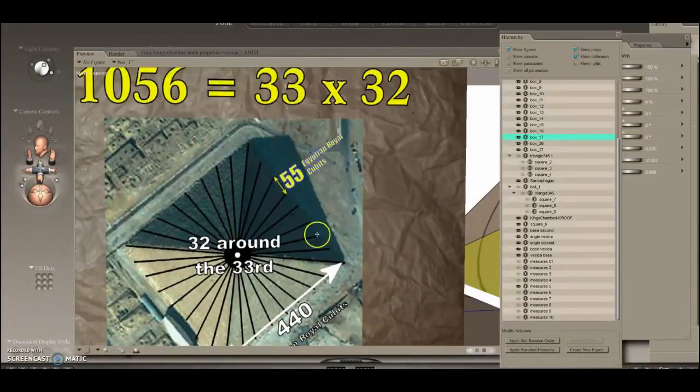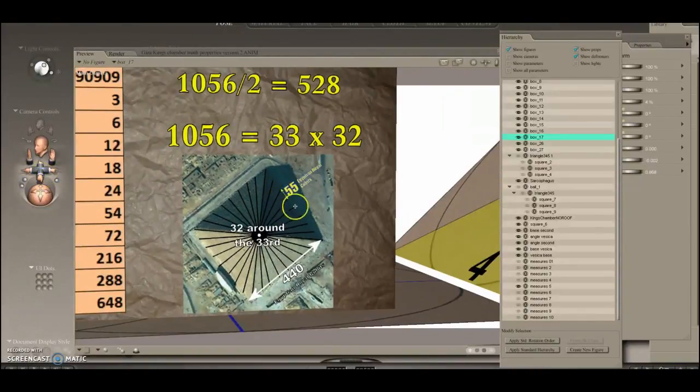So 8 segments on each side. If you divide it again, that would be 27.5. But interestingly, that will create 32 around the 33rd central point, 33 and 32. But be that as it may, because again, each side of a pyramid is slightly different.